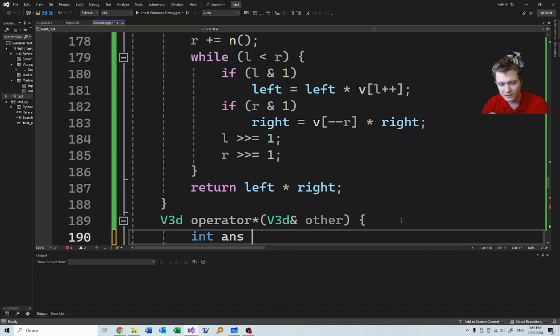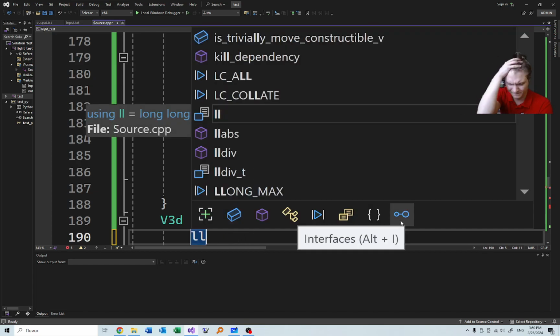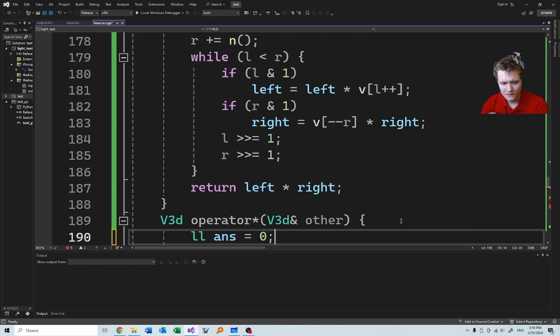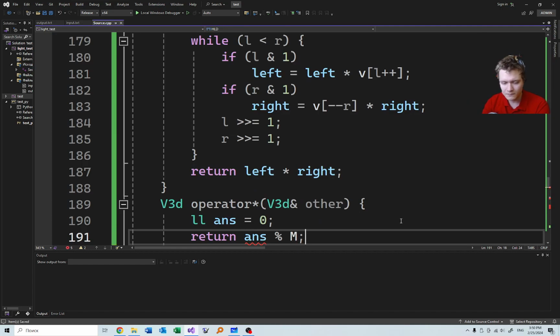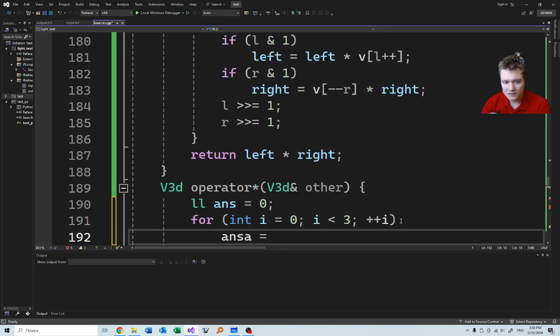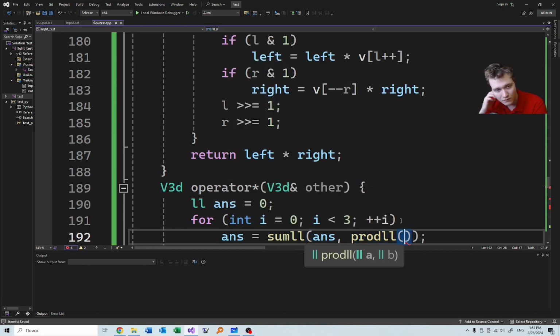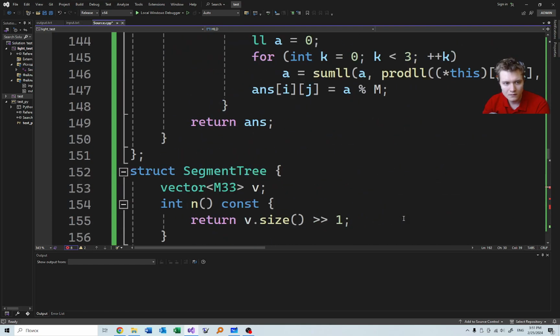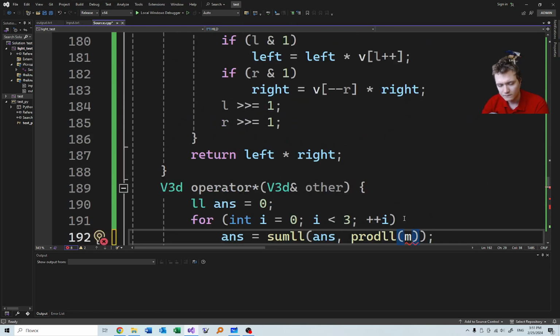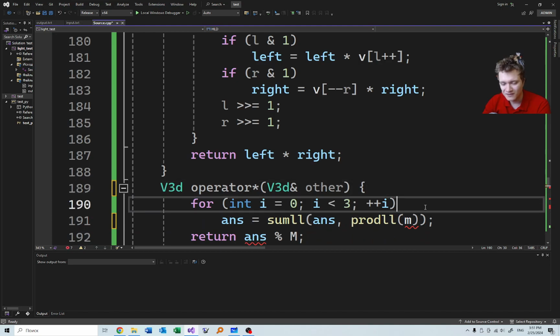So let's calculate int answer. We can store ll answer, return answer % m, but here for i from 0 to 3, we say that answer is sum ll of answer and prod ll of what? No, it's not that simple.